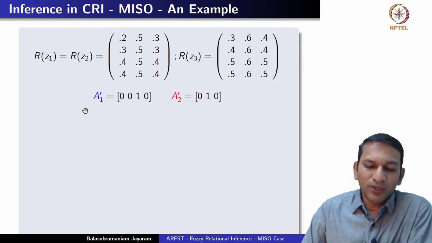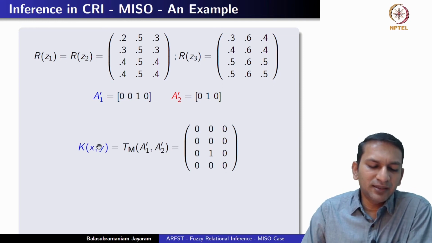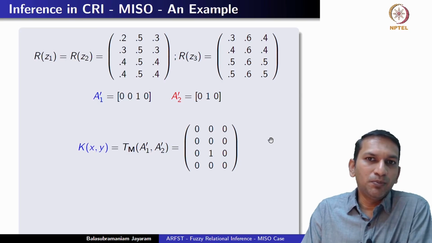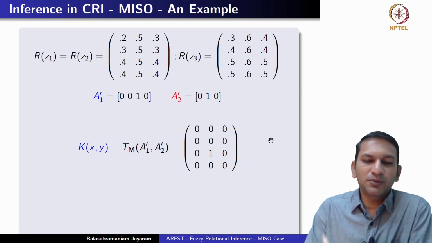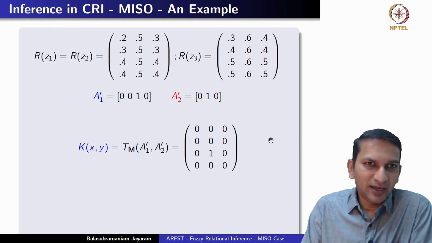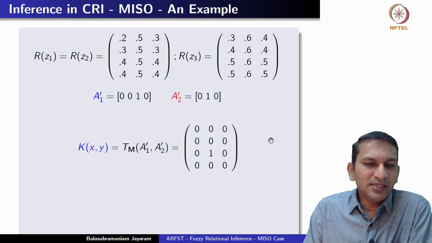Now, how do we do this? Once again, we use the antecedent component K, which is the minimum in this case. Now, it is easy to see that if you take the outer product of A1 dash and A2 dash with respect to minimum, this is the matrix that we get. Now, this is what we need to compose with R of Z1, R of Z2, and R of Z3, essentially with R. Since we are dealing with CRI, it makes our calculations much simpler.